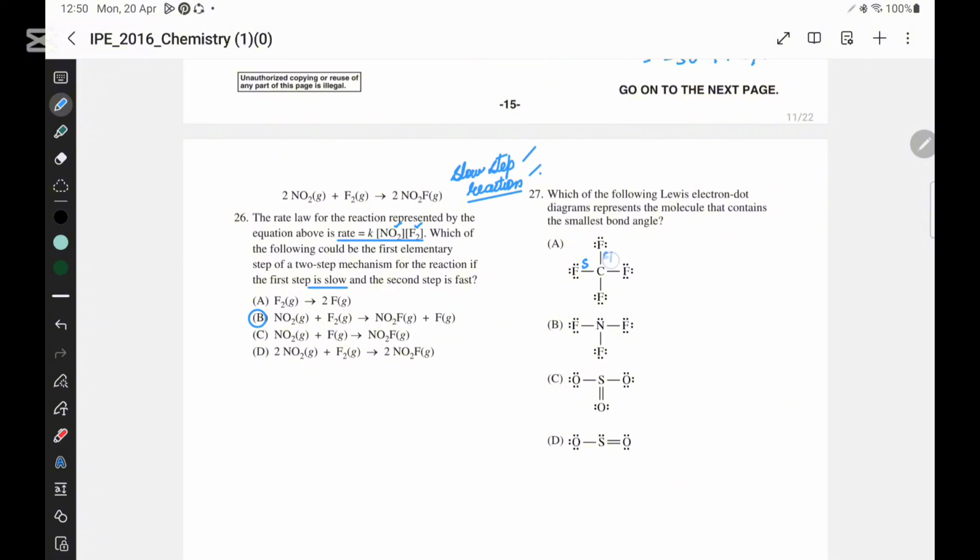So this is sp, sp2, and that is sp3. sp3 has a bond angle of 109.5, and due to lone pair repulsion it would be decreased by 2.5, and the answer comes out to be 107. sp2 has a bond angle of 120 degrees, but with bond pair repulsion minus 2.5 it would come out to be 107.5. So the right answer is going to be B.